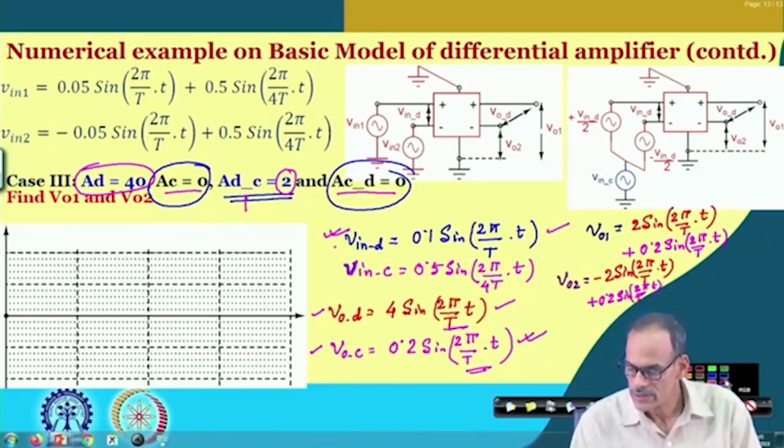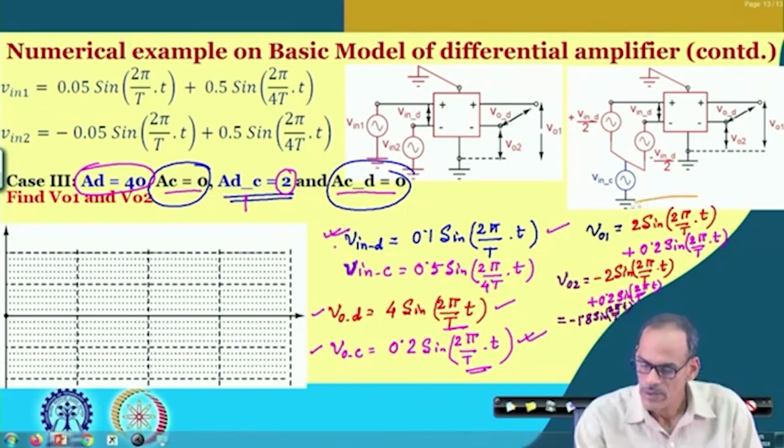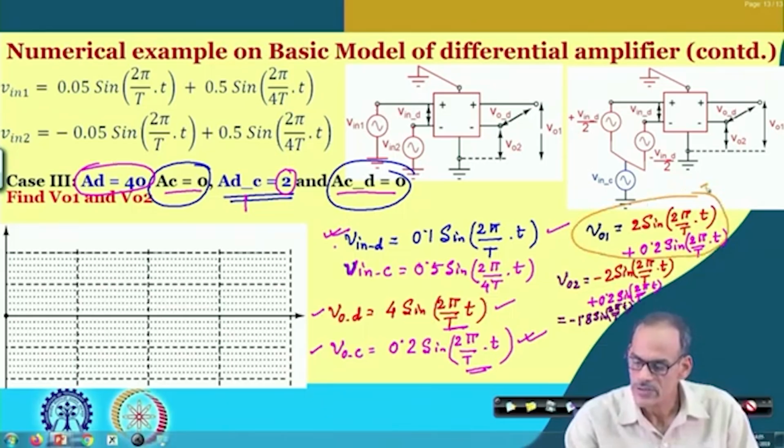In fact, since the signals are the same, the frequency is the same, you can simply say that this is minus 1.8 sin 2 pi by t into small t, and the other one, this gives us VO1 equals 2.2 sin 2 pi by capital T into small t.